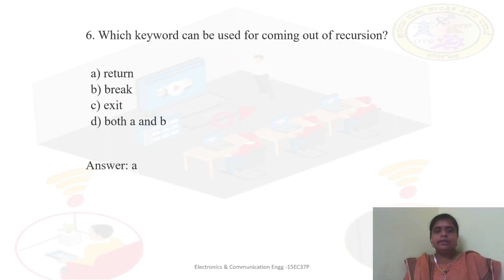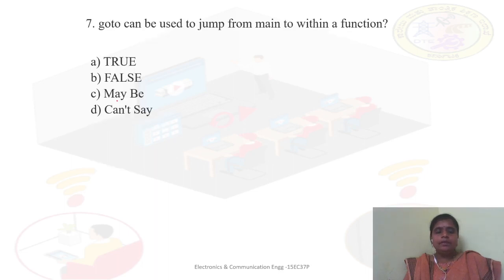So as already said, we are going for the return statement whenever you want to come out from the subroutine or the recursions which are occurring. Go to can be used to jump from main to within a function. Whether it is true, false, it may be, or you cannot say. See, just go through the question.